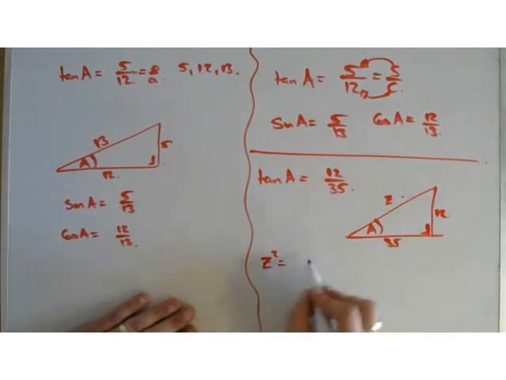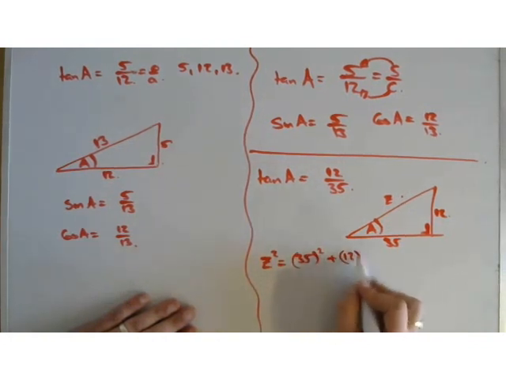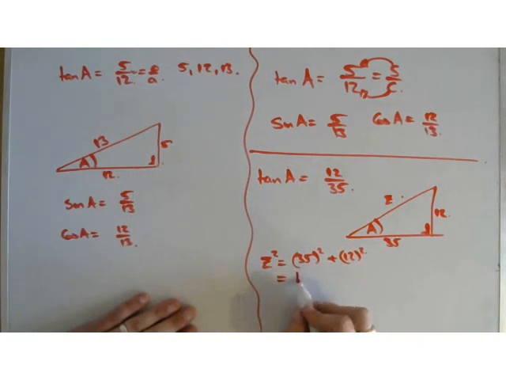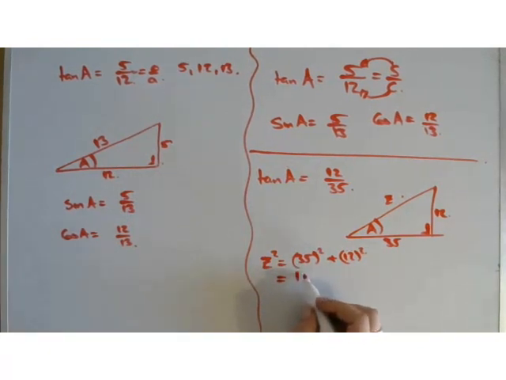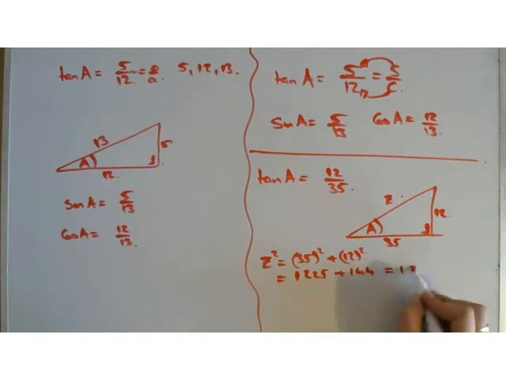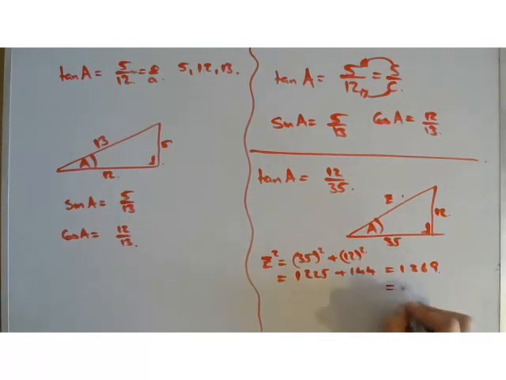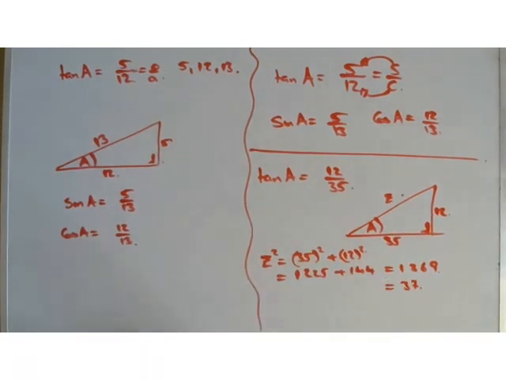Z squared is 35 squared plus 12 squared, which is 1225 plus 144, which is 1369. And the square root of 1369, would that be 37?